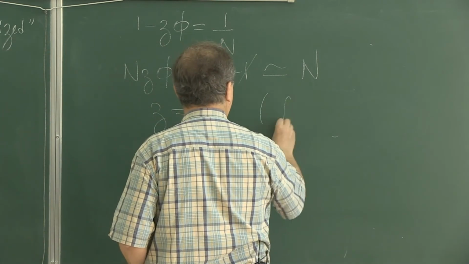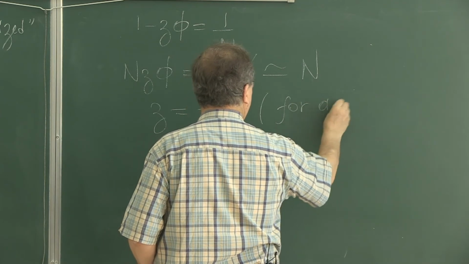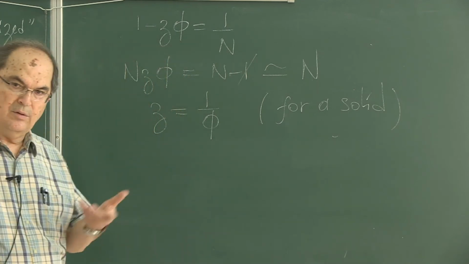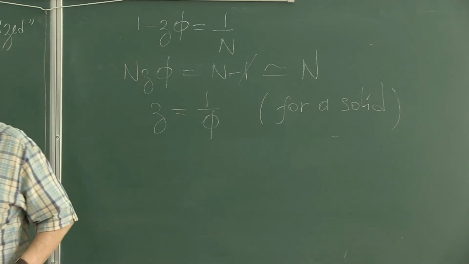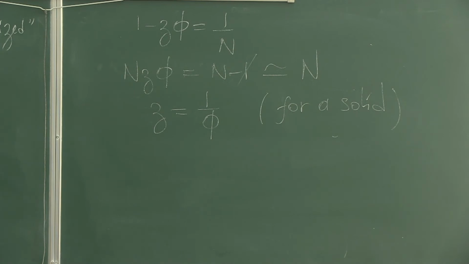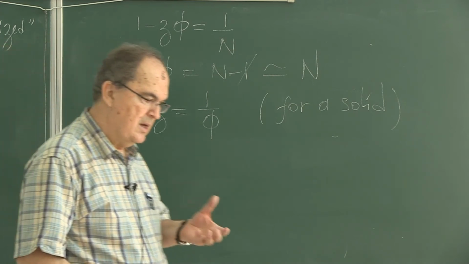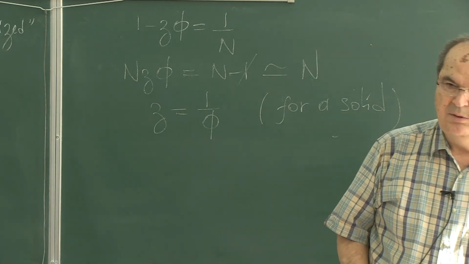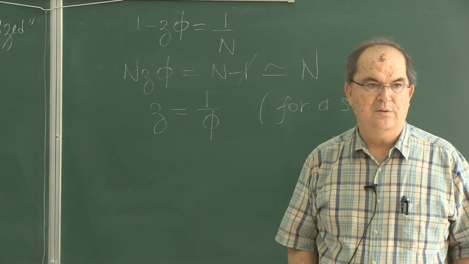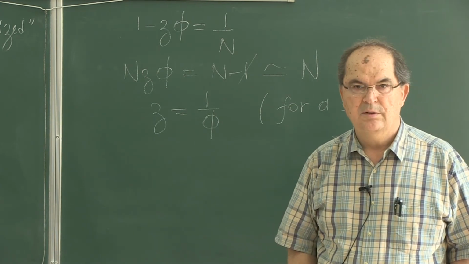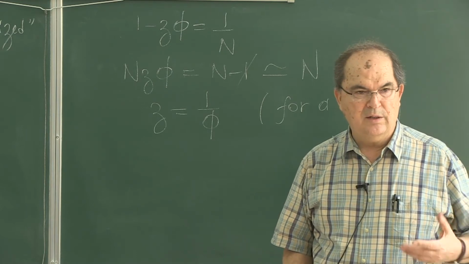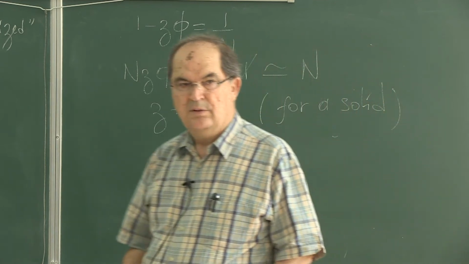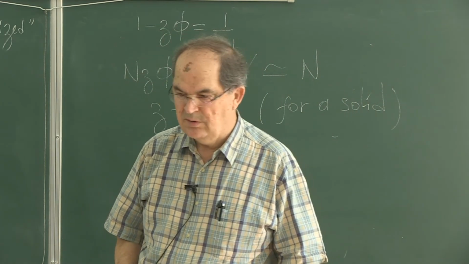Of course, you can do that for a solid, for example, because n localized particles can approximate the solid, isn't it? N localized ions are sitting at lattice points. So you can use this model to model a solid. In metals, electrons are completely randomized. They are all over the solid.